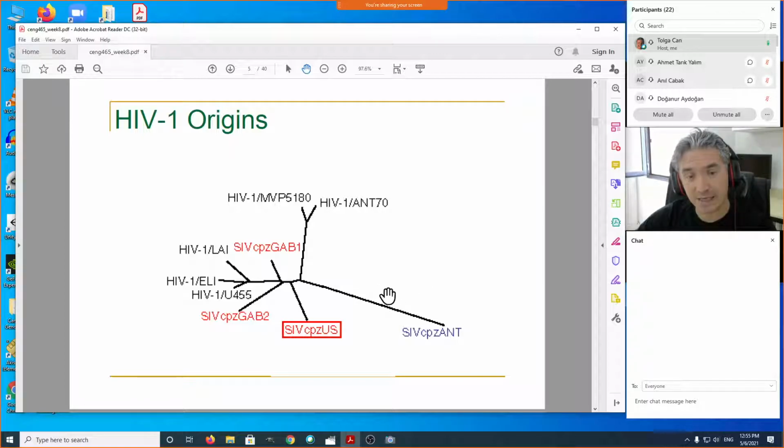Another thing is that the branch lengths may mean something. For example, the reason that this variant is far away from the others is probably due to the fact that its sequence similarity is very small. It's really divergent compared to the other ones.